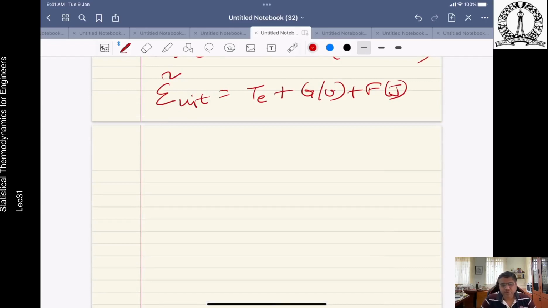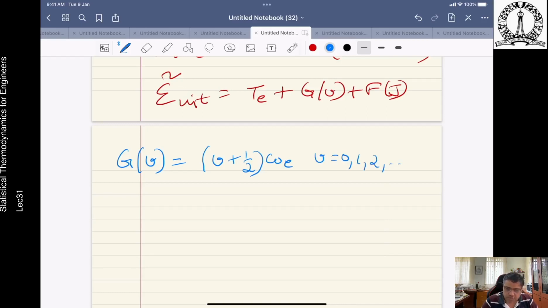These are the three different energies written in wave number units. This is a simplistic model, which provides a simplistic explanation for the various spectral features that we might have. Now G(v) is given as (v plus half) times omega e, where v equals 0, 1, 2, and so on.